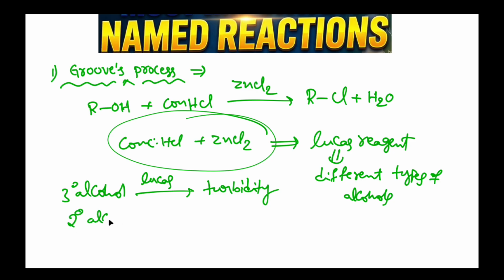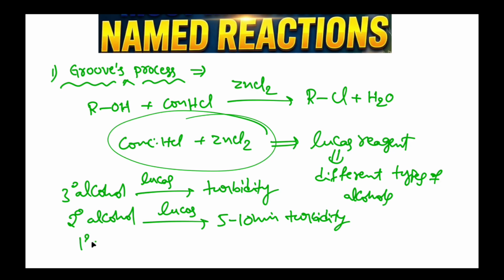Secondary alcohol with Lucas reagent gives turbidity after 5 to 10 minutes. Primary alcohol with Lucas reagent does not give turbidity; no turbidity appears.